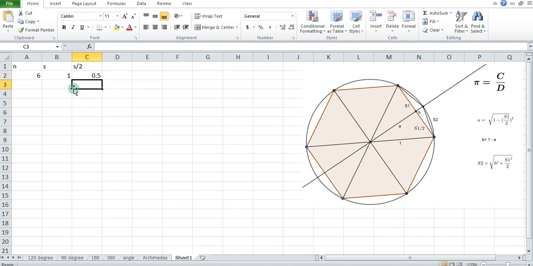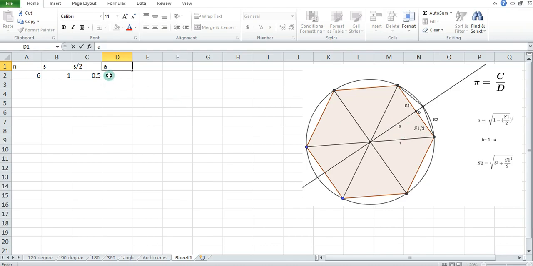Now we can find a. How is a found? We can use the Pythagoras theorem on this triangle to find a.